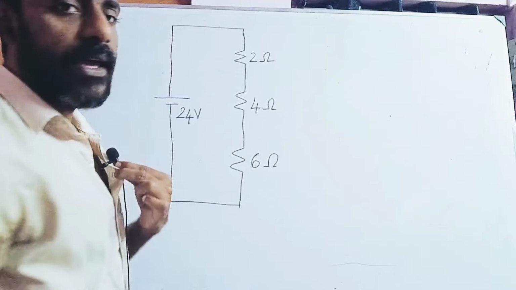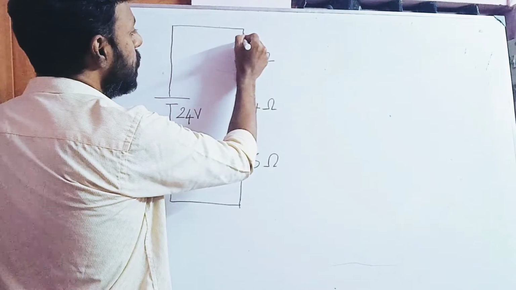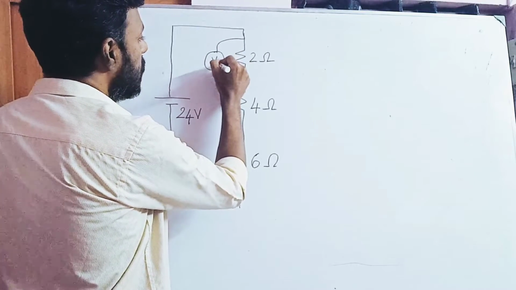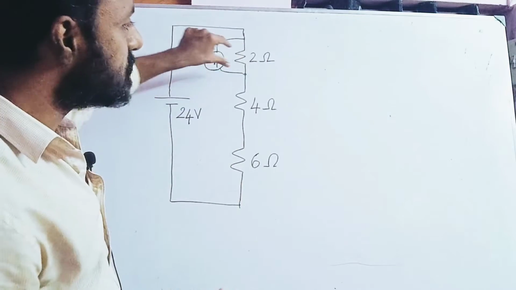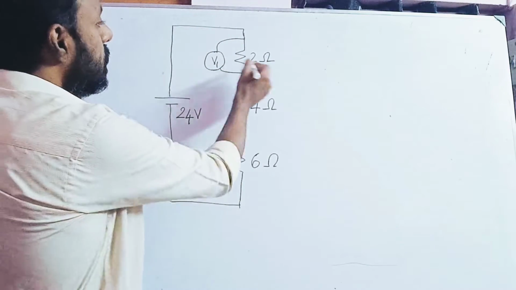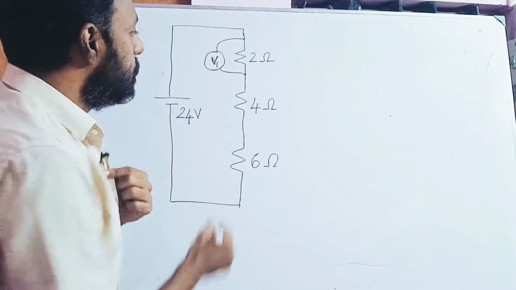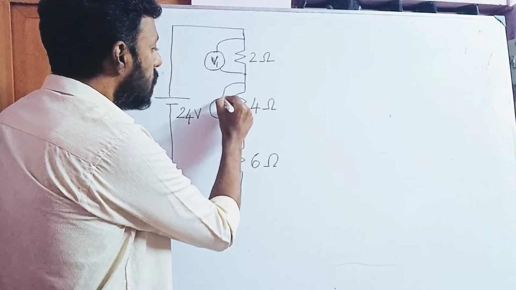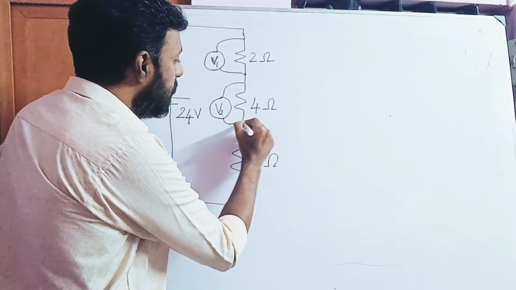In this question, they are asking us to find the following. If I connect a voltmeter V1 across the 2 ohm resistor, V1 is the voltage that I will get. Similarly, if I connect another voltmeter across the 4 ohm resistor, I will get a voltage V2.